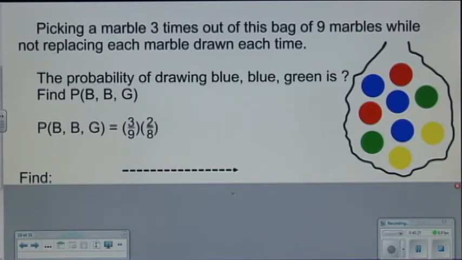Well, only 8, so there are 2 ways out of 8 that it can happen in the second event. Okay? How about drawing green in the third event? Well, there are 2 green ones, but we're down to only 7 marbles in the bag. So it's 2 out of 7, and therefore our probability of getting the outcome blue, blue, green is 3 9ths times 2 8ths times 2 7ths, or 12 ways out of 504.